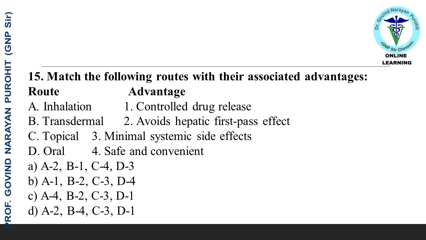B. A1, B2, C3, D4. C. A4, B2, C3, D1. D. A2, B4, C3, D1. Correct answer is option B. Explanation. Inhalation avoids the first pass effect, transdermal supports controlled release, topical has localized action, and oral is safe, convenient.